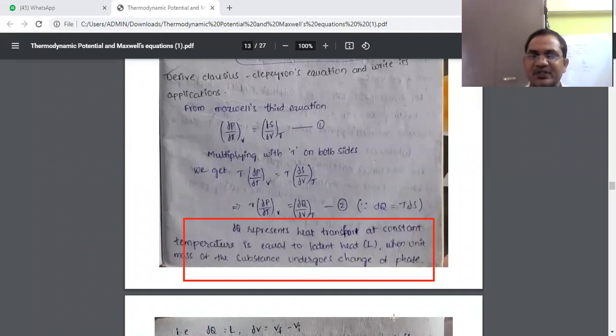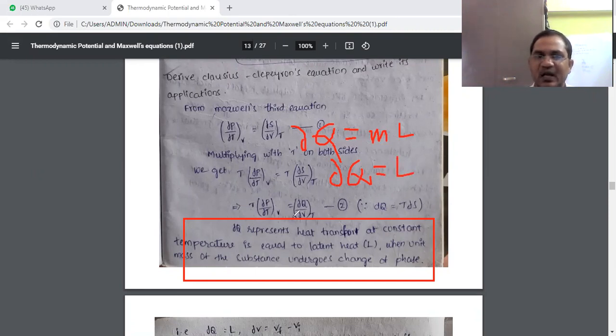It is denoted with capital L. When you consider unit mass, that is 1 gram, the amount of heat absorbed by the substance during the change of state is Q equals M into L. For unit mass, M is equal to 1. So ∂Q is equal to M into L. When M is 1 gram, ∂Q becomes equal to L. ∂Q is equal to capital L.